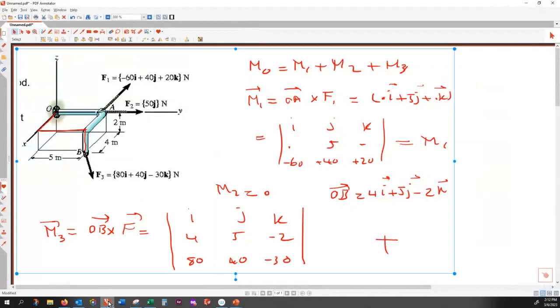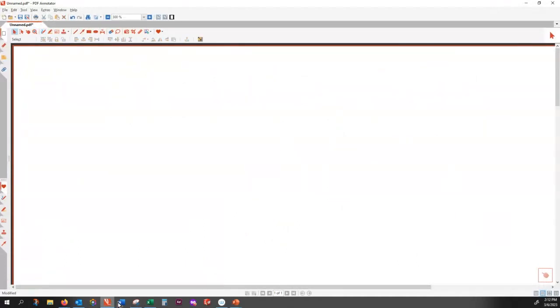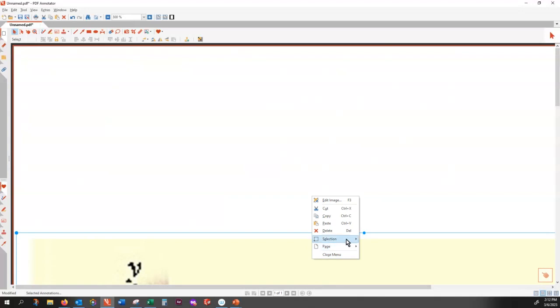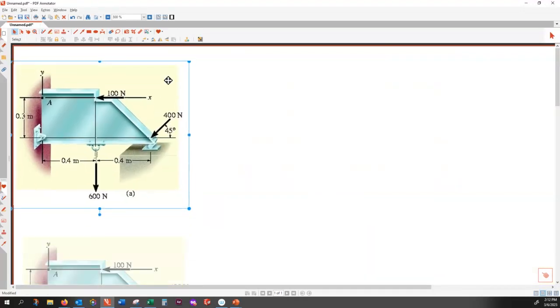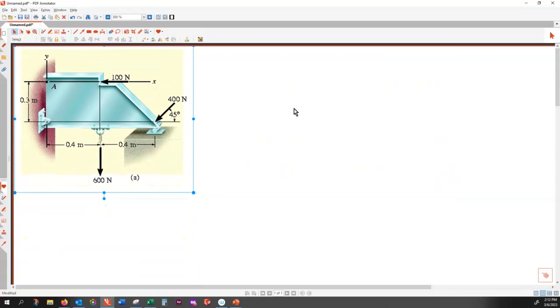So this problem is, I want to bring all forces to point A. How can this be done? So question, Nguyen, is this okay if I shift 100 Newton to point A?